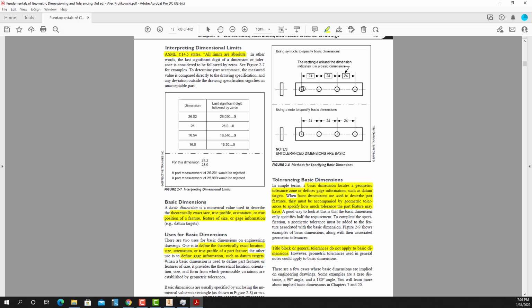So this is where we can use continuous dimensions. You remember in architecture, they go from outside wall to window to window to window to door to window. It's just like if I had a tolerance on all that, it's called tolerance accrual. I'd have this one to this one to this one to this one, and I'd have a bunch of tolerance after the middle. However, when things are basic, that is absolutely perfect value, so tolerances do not apply.